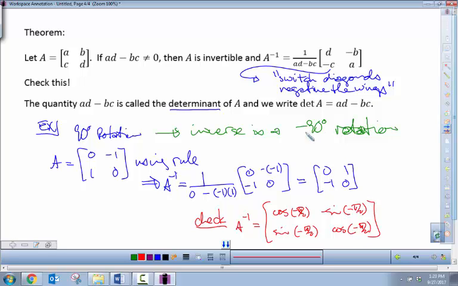I'm using negative pi over 2 to represent the negative 90-degree rotation. And cosine of that is 0. Sine of negative pi over 2, since it goes down, becomes a negative 1. And then there's another negative 1 over here, and another negative sign in the formula, and this is negative 1. So again, we verified using some sort of transformation that they're the same thing.